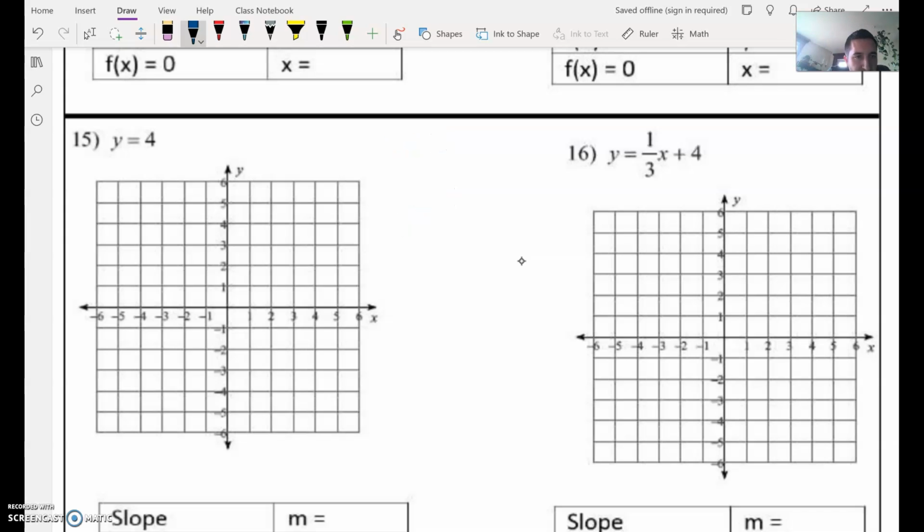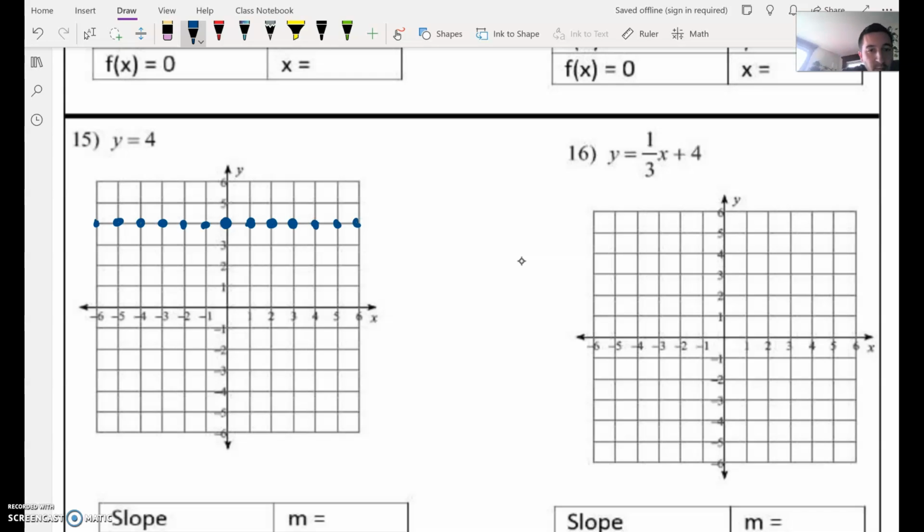Here's the way we can test it. Y equals 4. For every single point, y equals 4. So I'm going to first go to where y equals 4, which is right here. And every single point, y equals 4. So this is the point 1, 4, y equals 4. This is the point 2, 4, y equals 4. 3, 4. So these are all of the points where my y value equals 4.